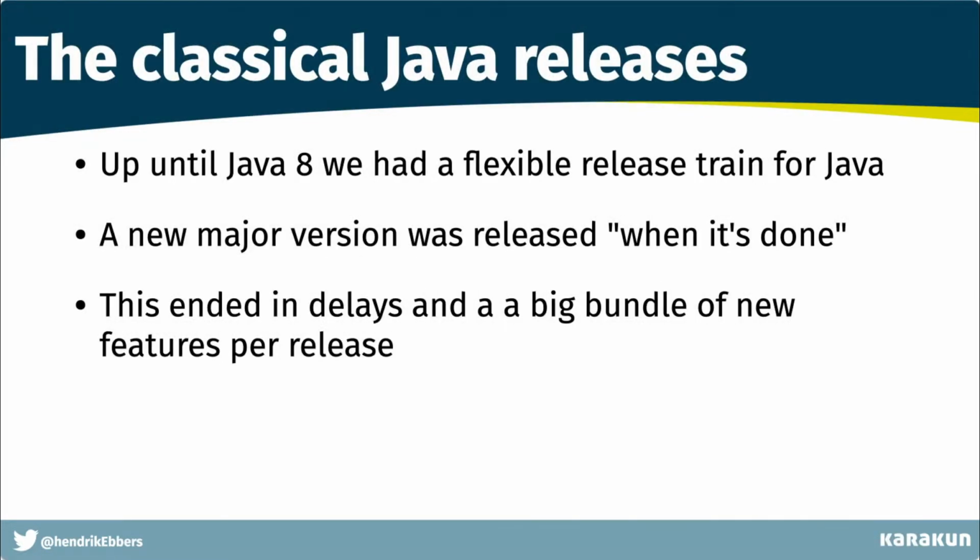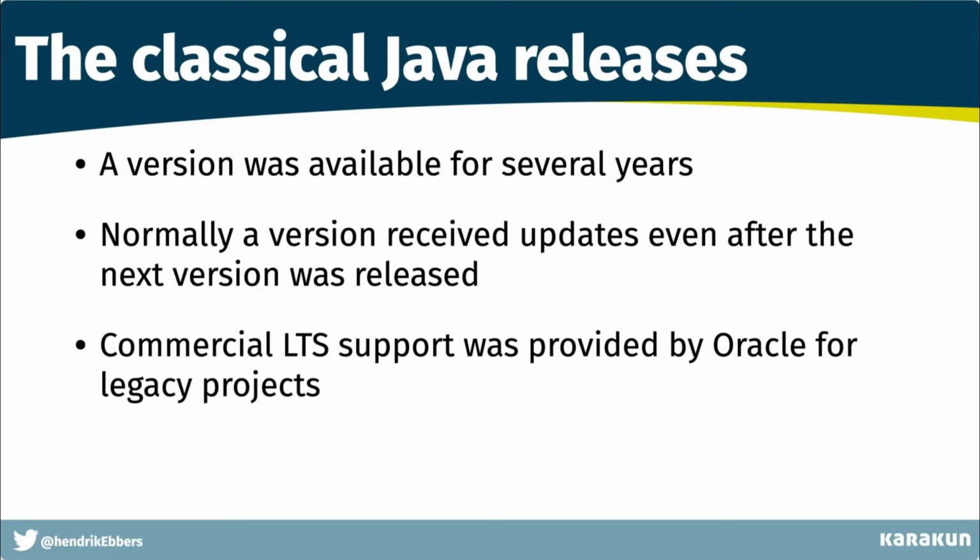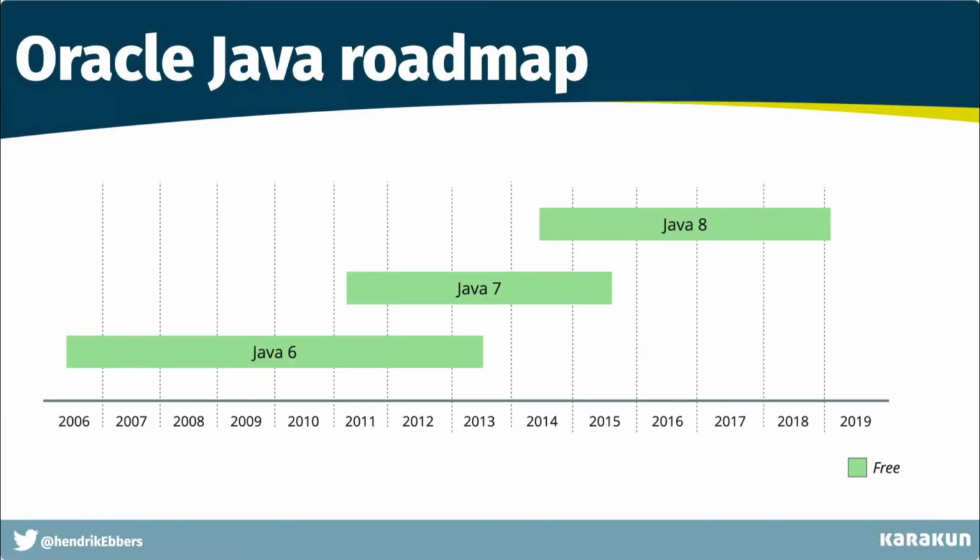But it was not flexible at all. And it was a big problem. So this was what we had, right? We had Java versions, a new one, I don't know, all 3, 4 years. From Java 6 to Java 7, it even took 5 years.